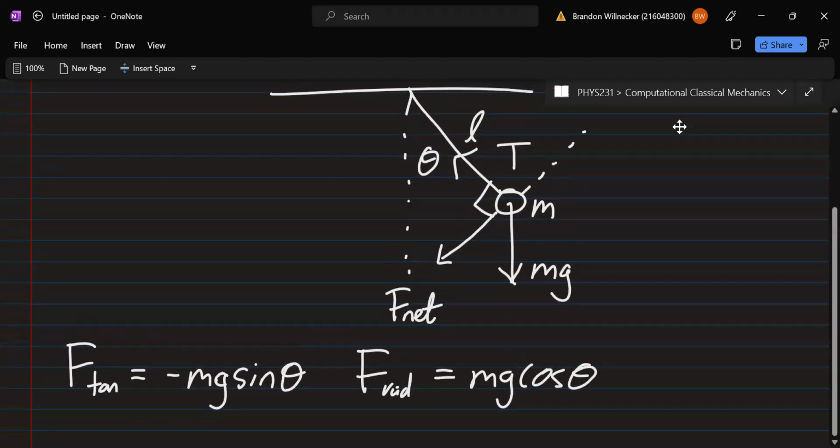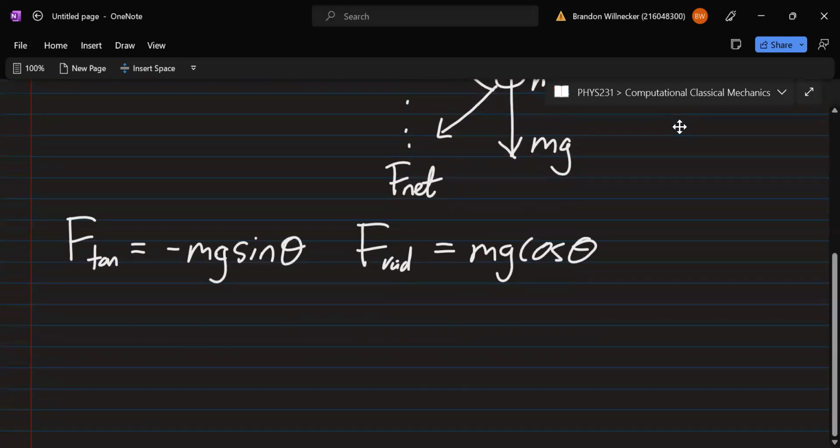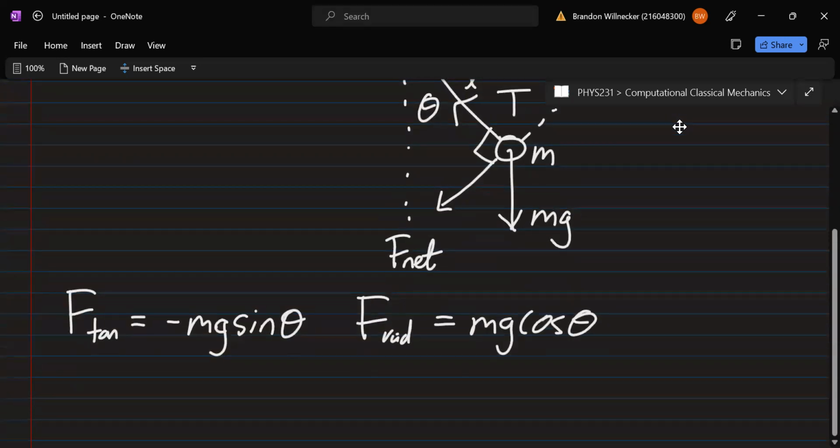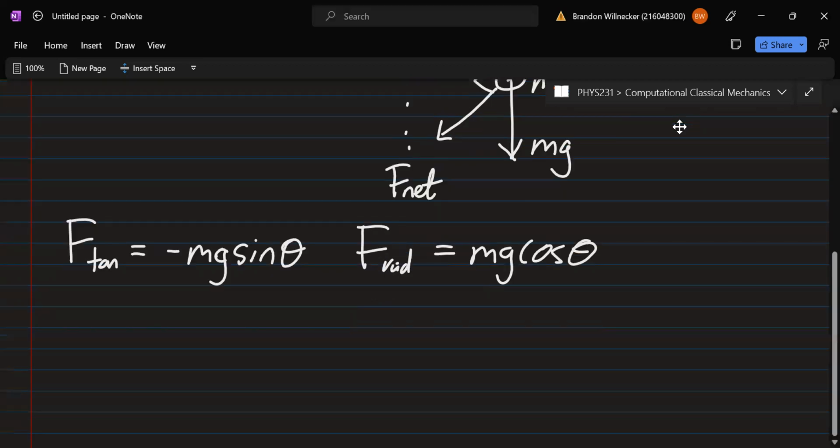Okay, so we've got the tangential force in line with the F net and the radial force in line with the tension. Okay, but since we're looking at the F net, because the radial forces will, of course, balance out because the mass is not moving in the radial direction. It's only moving in the angular direction. So we're only interested in the first force, the F tan.